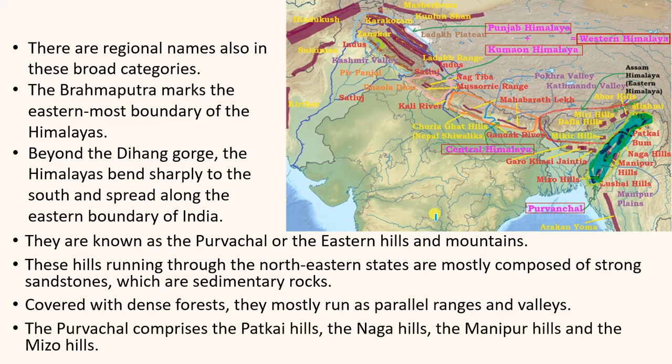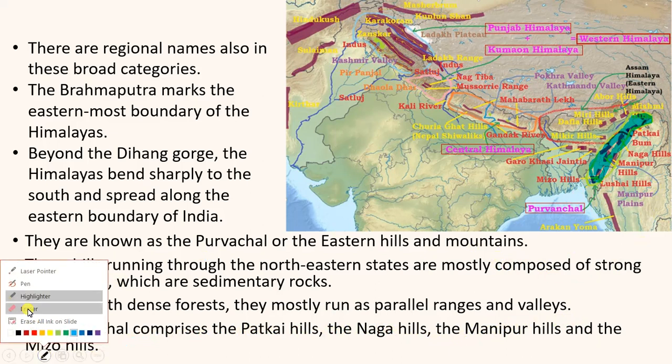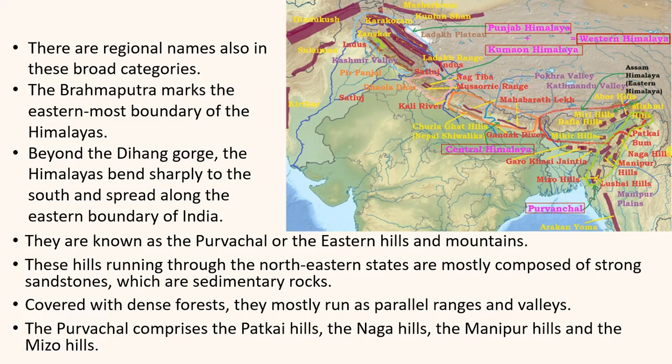The Purvanchal comprises the Patkai Hills, Naga Hills, Manipur Hills, and the Mizo Hills. Again, for a clear view, the Patkai Hills, Naga Hills, Manipur Hills, and Mizo Hills can be seen in these different regions. Then Garo, Khasi, and Jaintia can also be seen here.